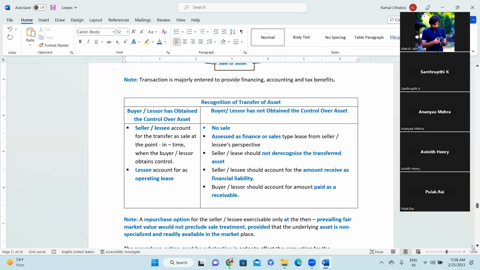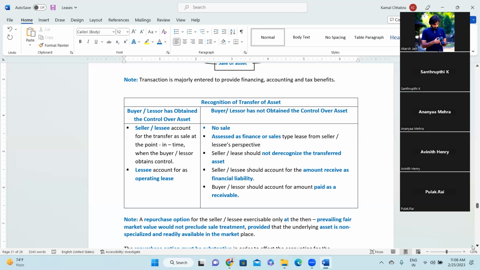Right? In the eye of the public, or by nomenclature, it looks like she still owns it, whereas she has given the asset to Ananya, taken money from Ananya, and now she's paying $500 monthly rental to Ananya.